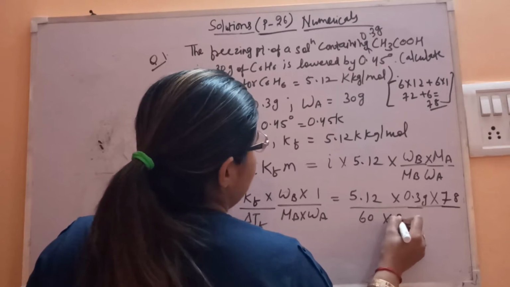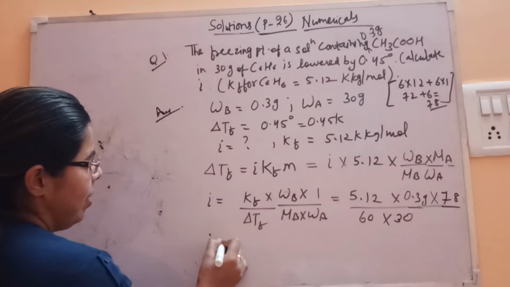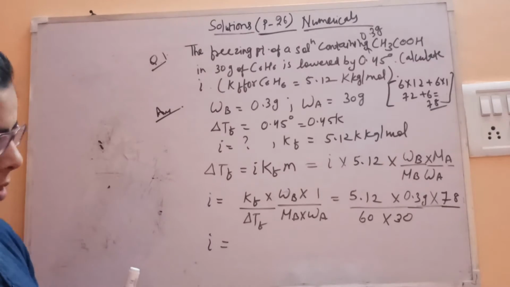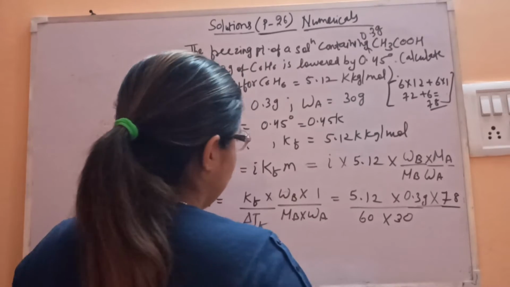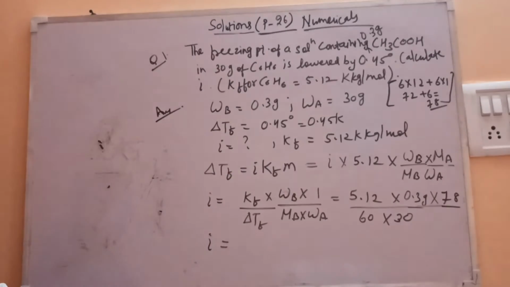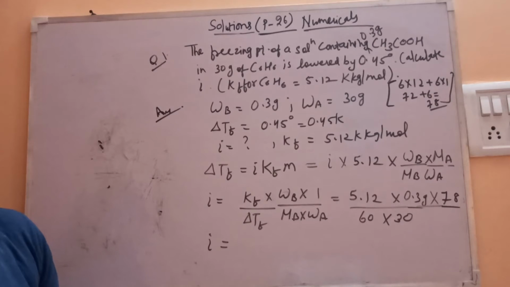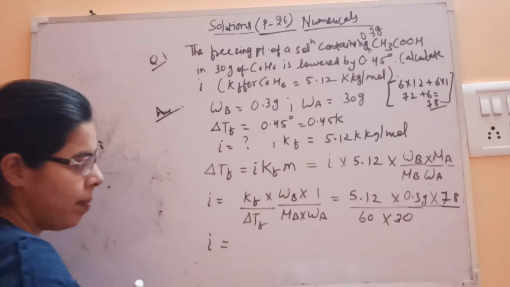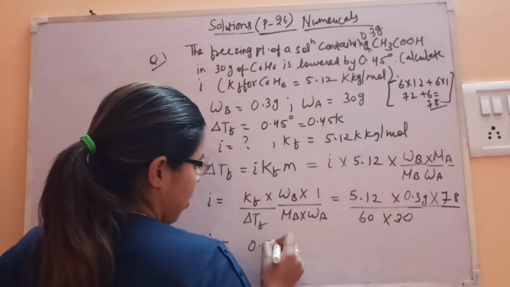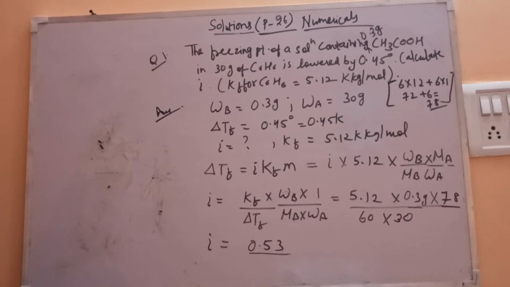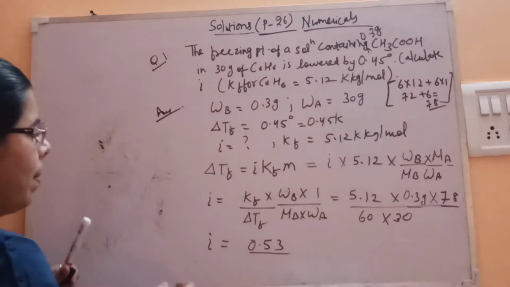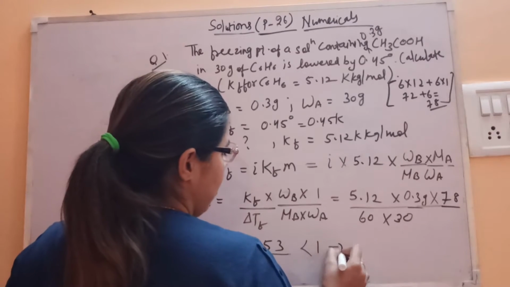Substitute all the values, calculate i. So you will get the answer 0.53. Now it is less than 1, so it means associated.